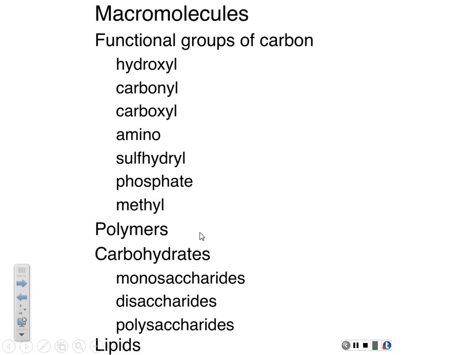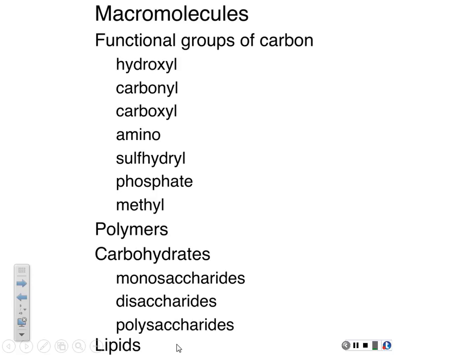So there are non-biological polymers, but boy, the things that occur in nature and the things that we're going to be talking about for the rest of this lecture and all day on Thursday are polymers, and there are four specific kinds of polymers. You can see the names of two of them here, carbohydrates and lipids. Again, on Thursday, I'll talk with you about two others, the proteins and the nucleic acids.